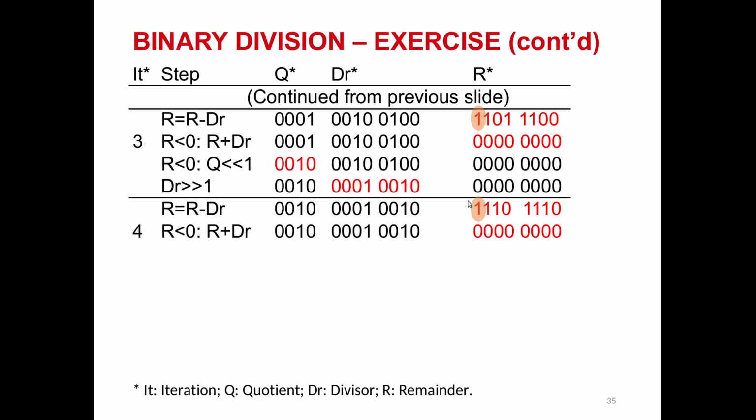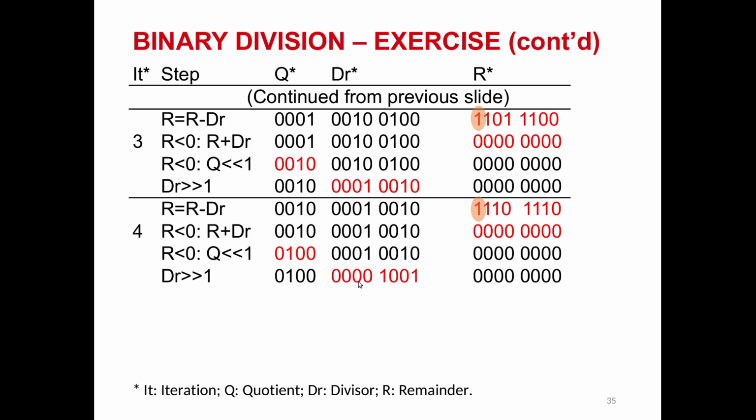This bit implies that the result of R minus DR is smaller than 0, and so we revert the value back to the previous value by adding DR. And we also know that the final bit of Q is 0, so we put 0 here and shift everything 1 bit to the left for Q, and DR will be shifted 1 more bit to the right, and the new value of DR is available here.